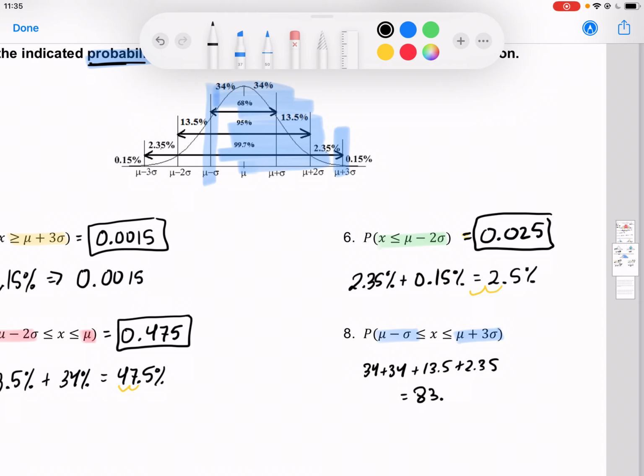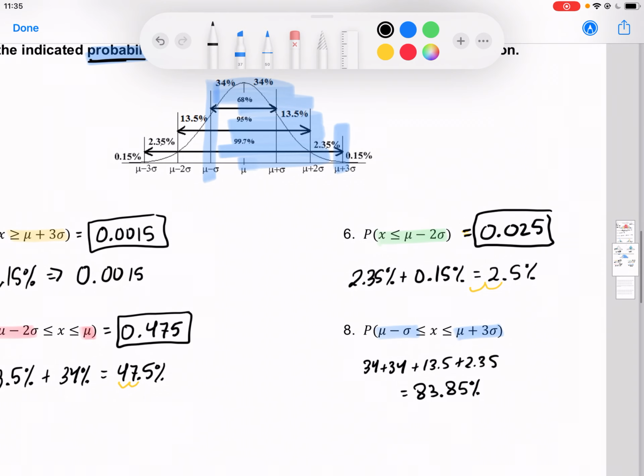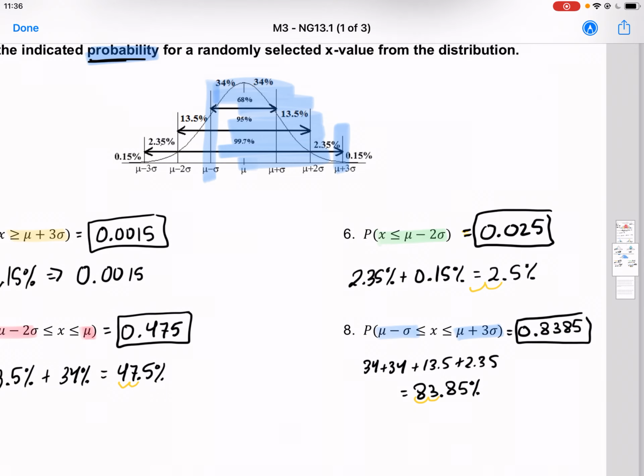Sometimes people accidentally add an extra one in. So you get 83.85%, and once again, we need to change that to a decimal, or to a probability, which is always a number less than 1. And there you have it, 0.8385.